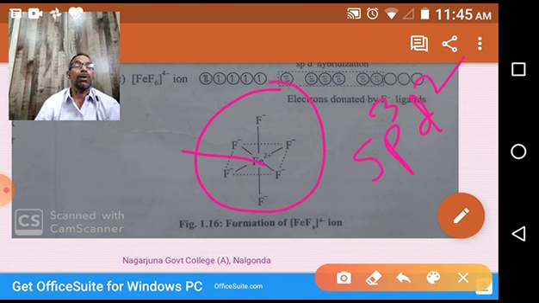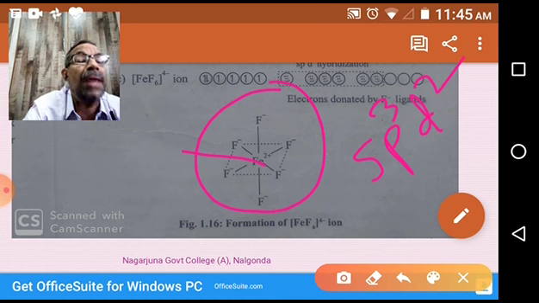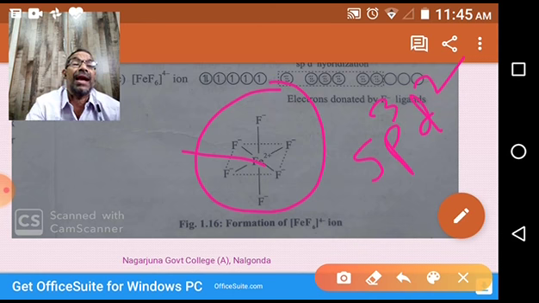It is the outer orbital complex or high spin complex. It is forming 6 coordination bonds with 6 fluoride ligands. It is accepting 6 electron pairs from 6 fluoride ligands. Since it is having unpaired electrons in the 3d orbital, it is exhibiting paramagnetic behavior.